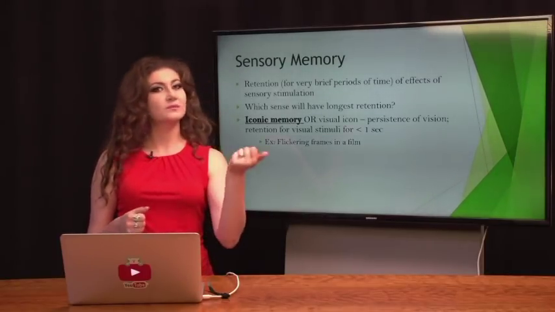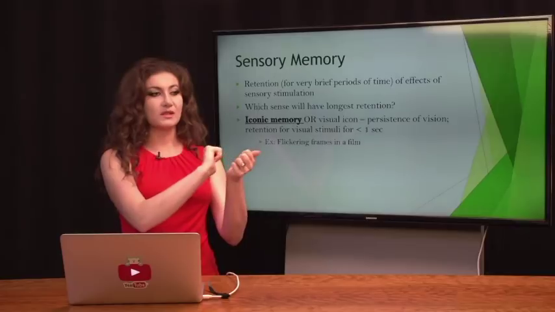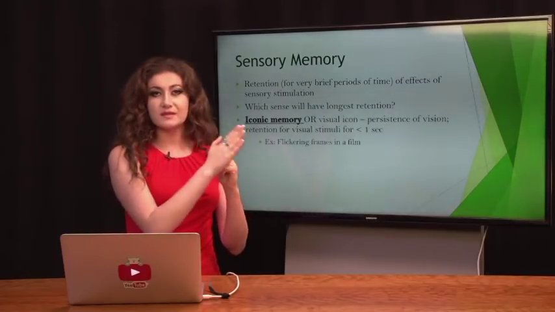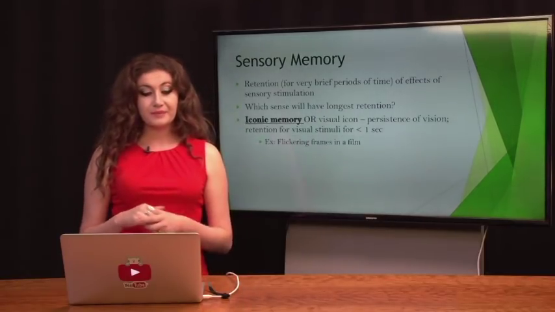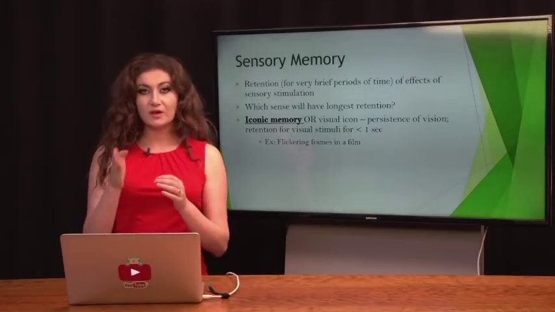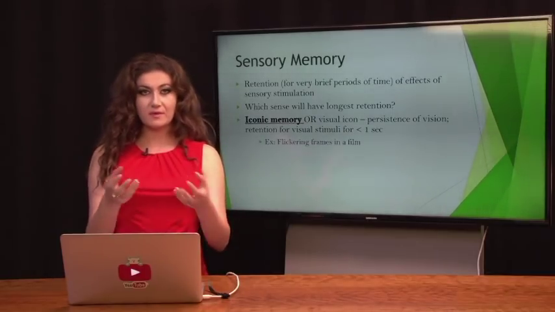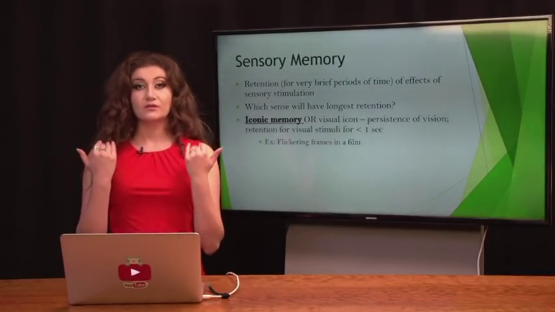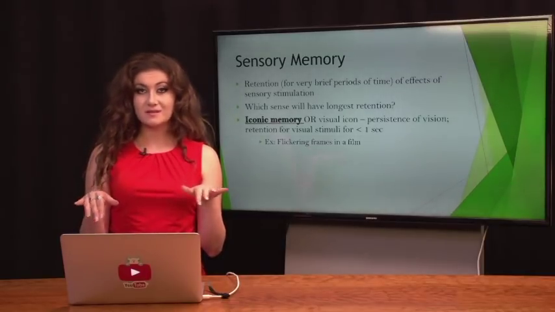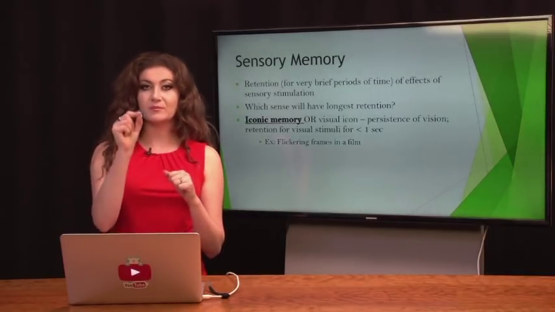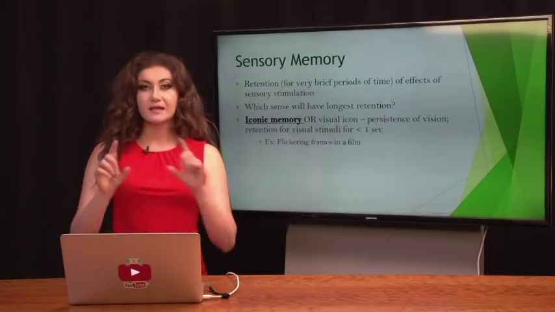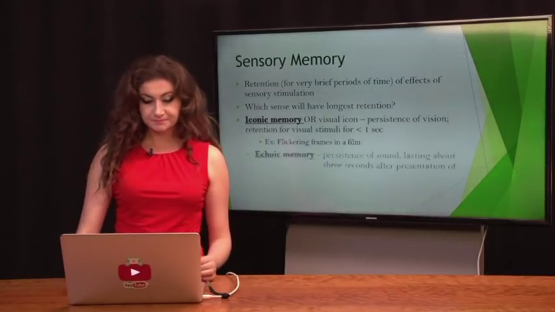If you look at those old Mickey Mouse cartoons, you have to flip through the pages to see the motion. So every time a visual stimulus enters your visual field, your iconic memory will remember it as little pieces instead of as one moving image.